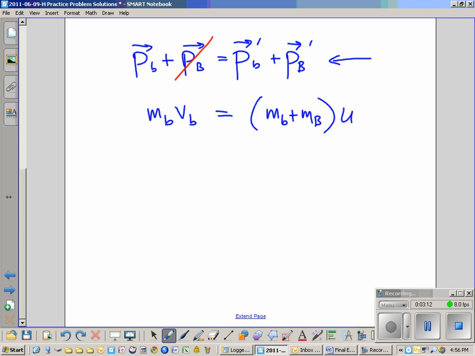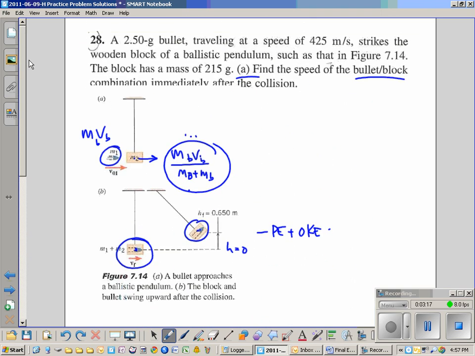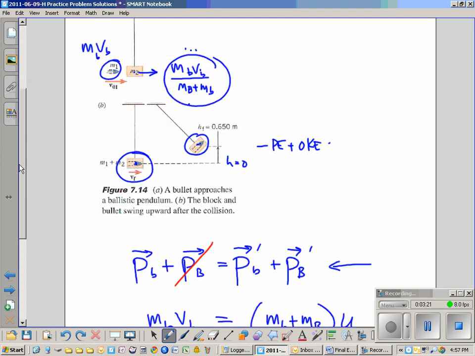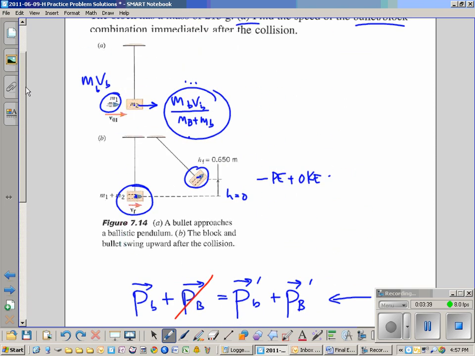So solving for what are we solving for? The speed of the bullet block combination after the collision. All right, so that is u right here. That's their combined velocity. So u is going to be equal to m_b v_b over m_b plus the mass of the block. Okay, and as you can see, that's what I had right here.